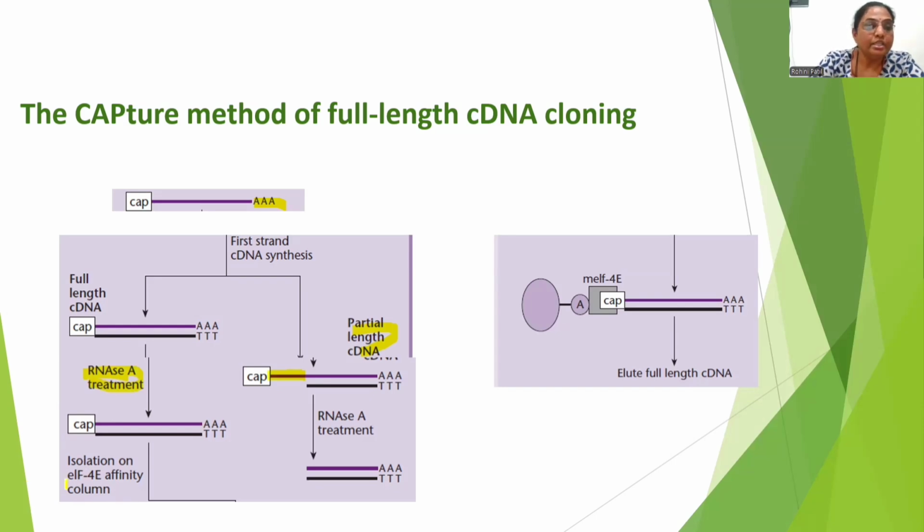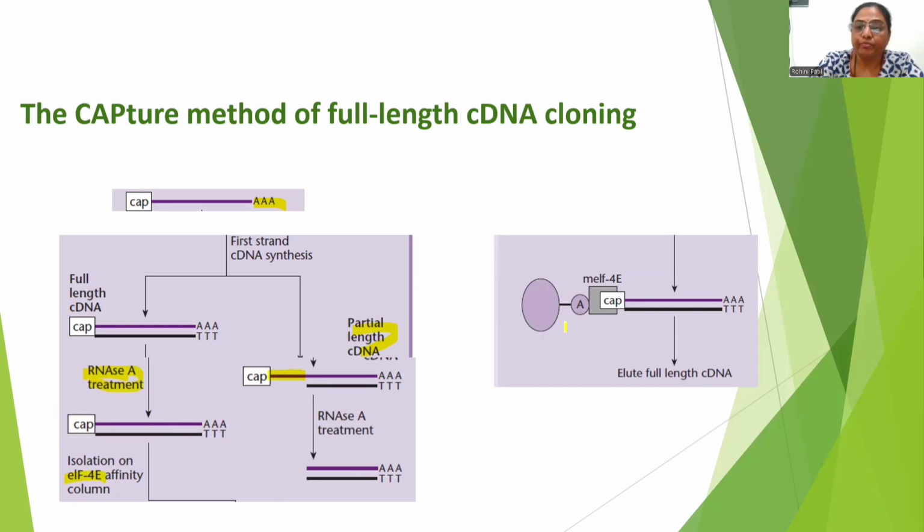So this property of EIF4E is used for isolating the full length cDNA. Here there is a preparation of an affinity column, and this affinity column is made up of EIF4E.